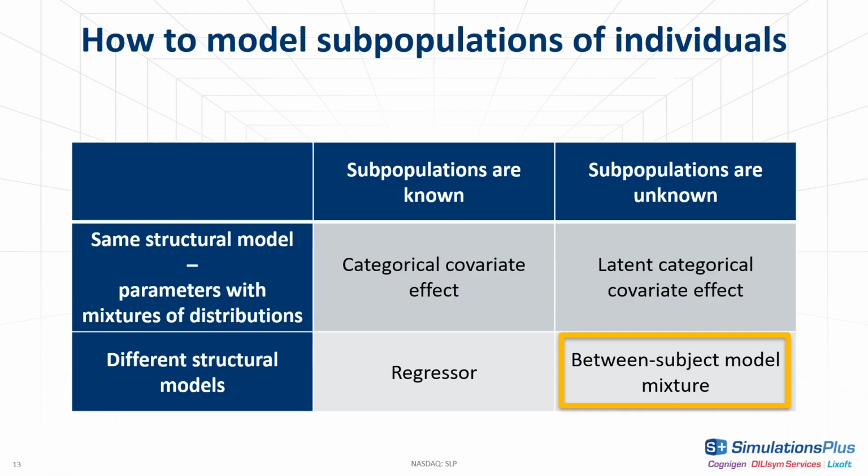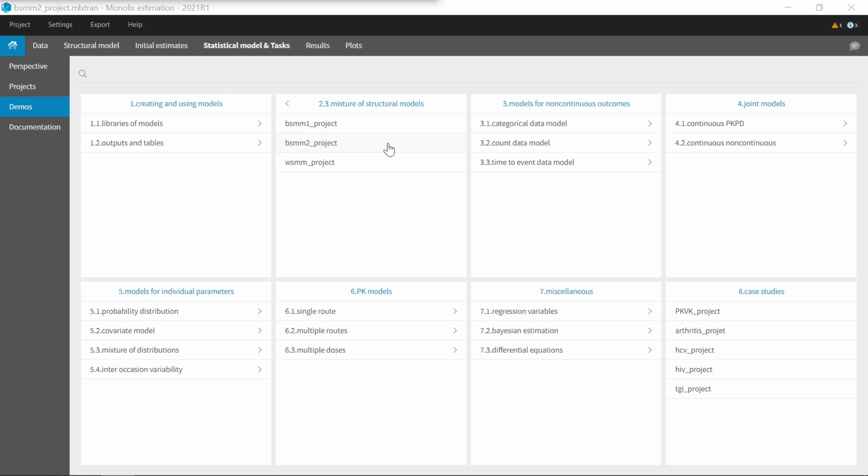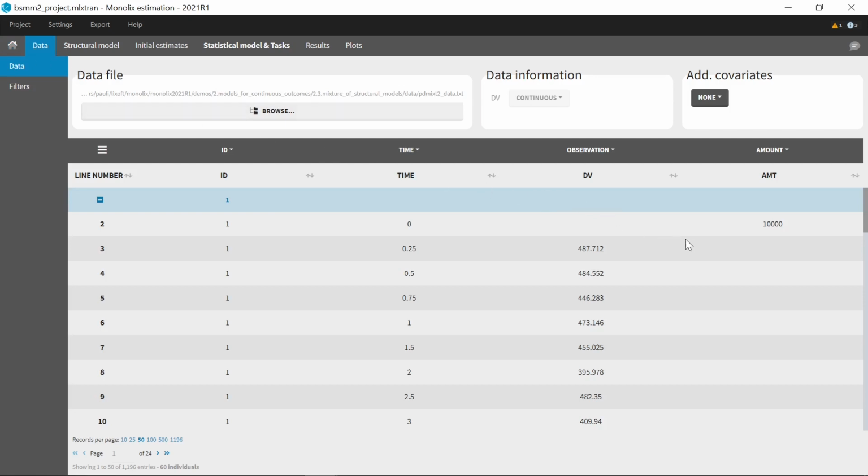Now, if the status of each individual is unknown, unsupervised classification is also possible by estimating a random between-subject mixture of structural models. This is what is done in the monolithic demo named BSMM2 project. In this case, there is no information on responders or non-responders in the data.